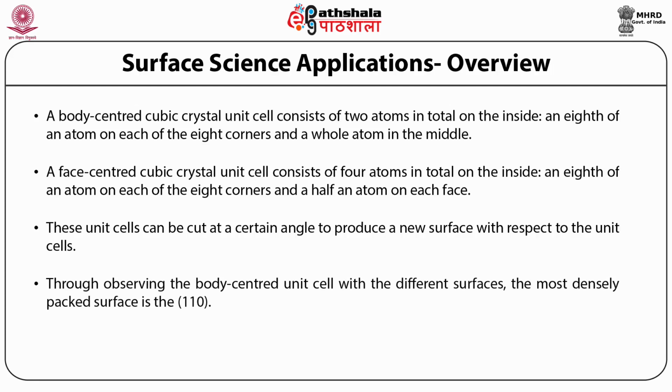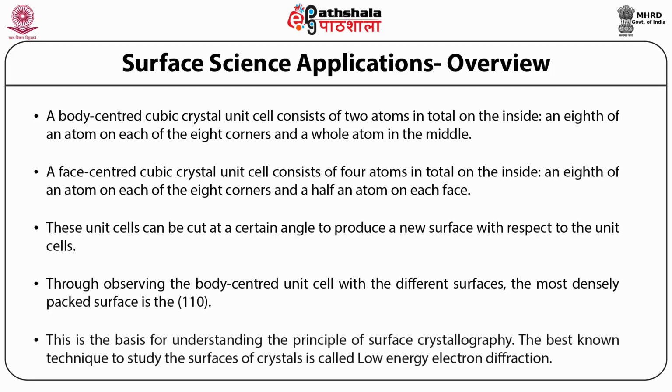The most densely packed surface is the 110. In the face-centered cubic cell, the most densely packed surface is the 111. Two different crystals and their surfaces have been shown. This is the basis for understanding the principle of surface crystallography.